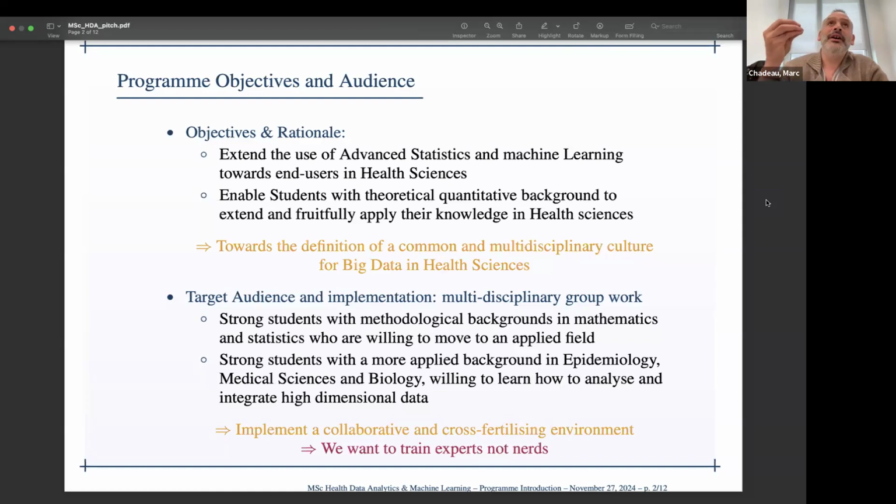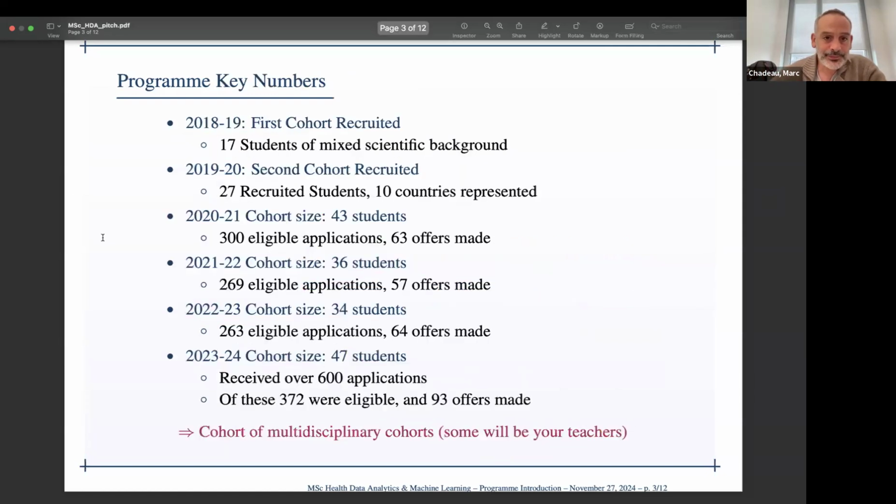So this is the concept of expertise rather than nerdiness, if you want. It's not just using complicated stuff for the sake of it. It's for a purpose, and the purpose is your research question in health sciences.